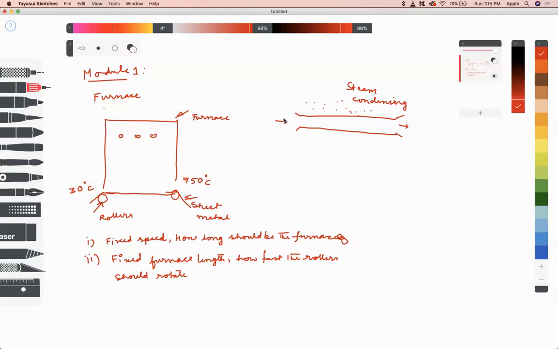Because of the condensing of the steam, the latent heat will be given to this particular fluid which is flowing. Maybe it's water or maybe it's some other kind of fluid. We're not bothered with that.